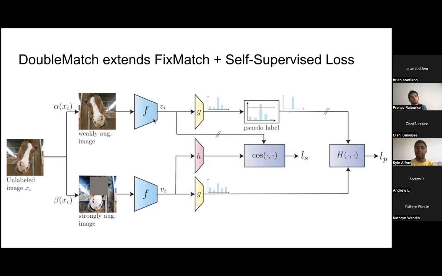So up to this point, pushed through F, Z and V, these are just the representations. So taking these representations and pushing them through a cosine similarity function, that's what they're adding to produce this self-supervised loss, which is what they're claiming is increasing the performance generally, both decreasing the training time, and increasing the performance in terms of accuracy.